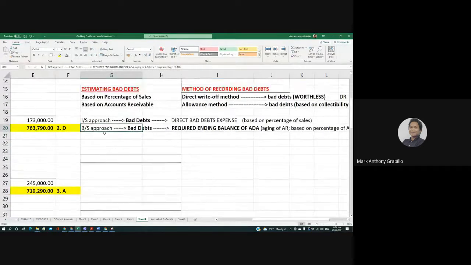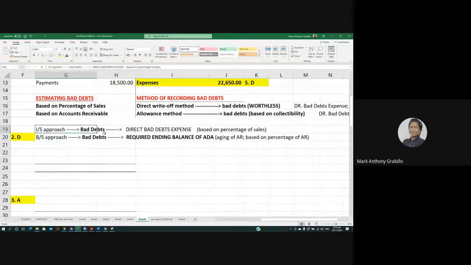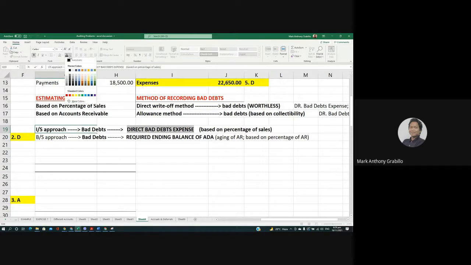So ano yung income statement approach saka balance sheet approach? Yung income statement approach, nakafocus siya sa bad debts expense. So every time a company estimates bad debts using income statement approach, ang nakukuha niya sa computation niya ay bad debts expense.